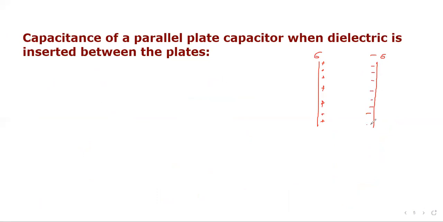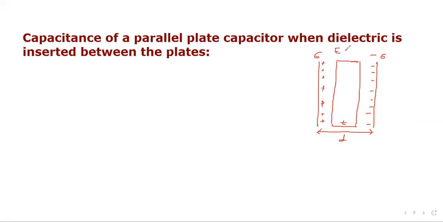Now, between these two plates, we insert a dielectric having the same area but thickness T, and the total separation is D.